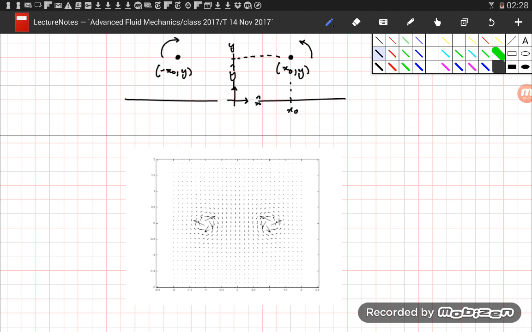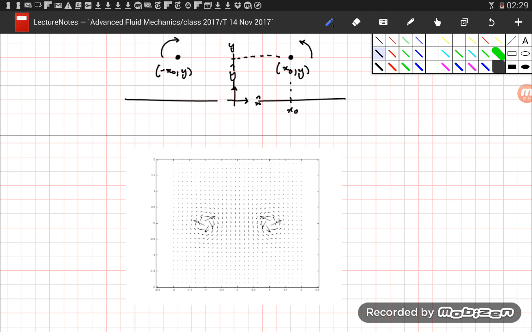You simply have to take the velocity field which is created by one vortex, and add it to the velocity field created by the other vortex. That's not a trivial thing because the Navier-Stokes equations are nonlinear, but for irrotational flows, you can do that. We'll discuss that next week.